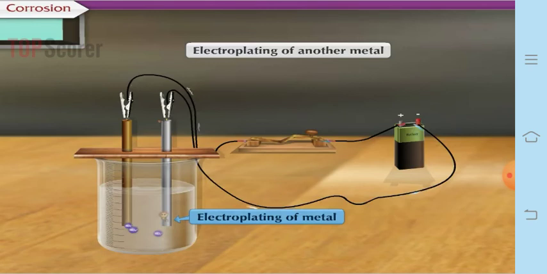Electroplating you are going to learn in a later chapter, metallurgy, where you will learn how it is done. These are some of the anti-corrosion methods used to prevent the corrosion of articles, so that the rusting of iron or the corrosion of other articles can be stopped.